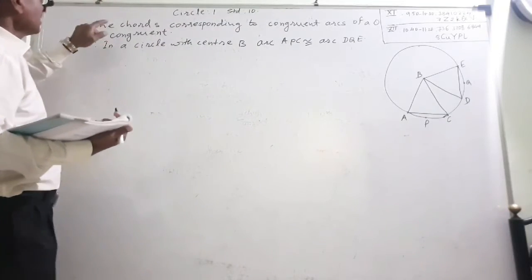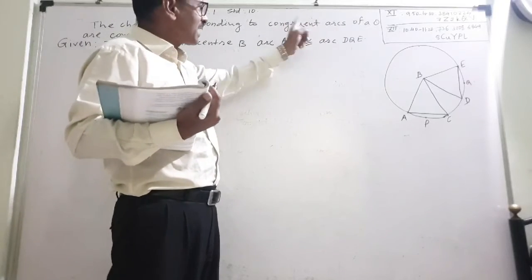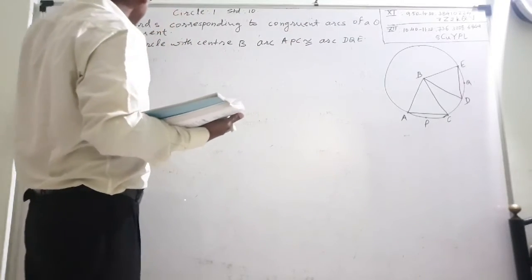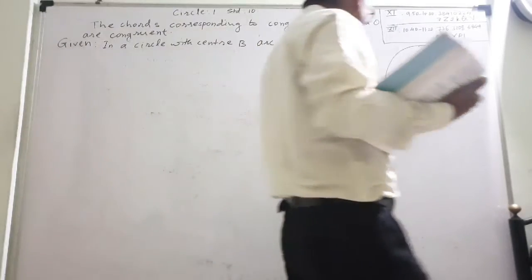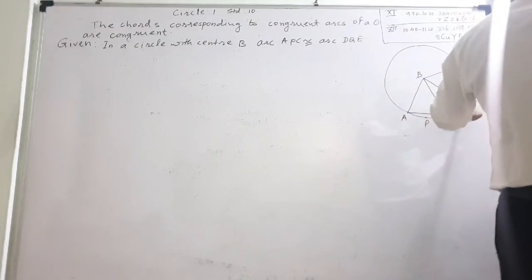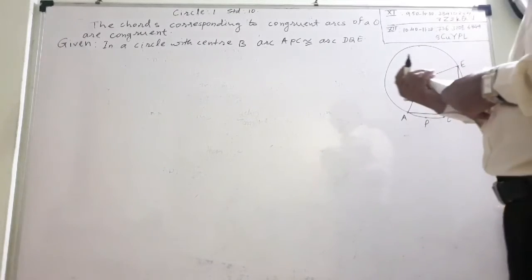Why? See, the chords corresponding to congruent arcs means these arcs given are congruent, and these chords I want to prove that they are also congruent. Means chord AC and chord ED. These two chords are congruent, that I want to prove.